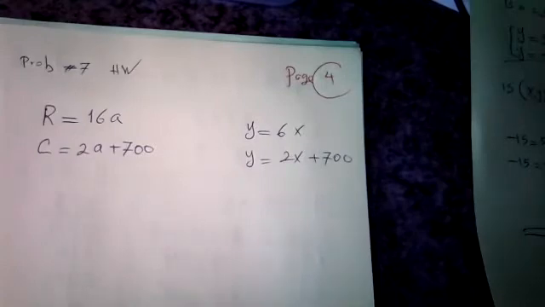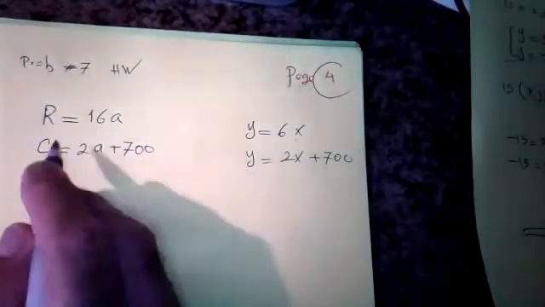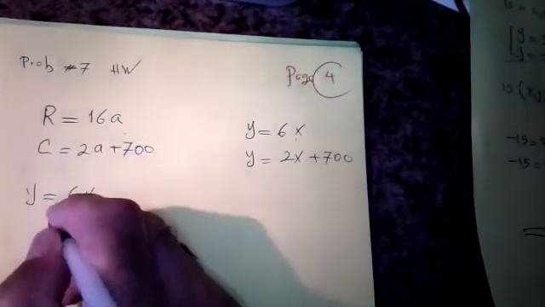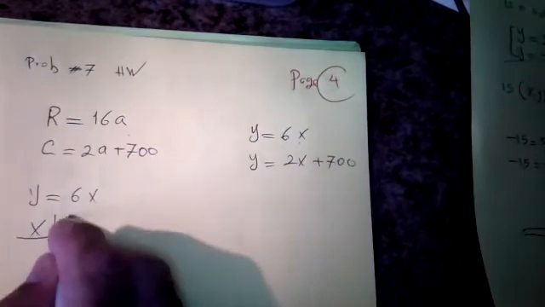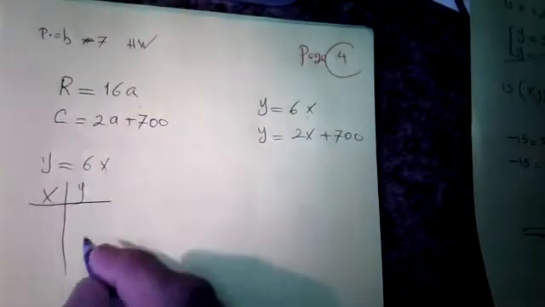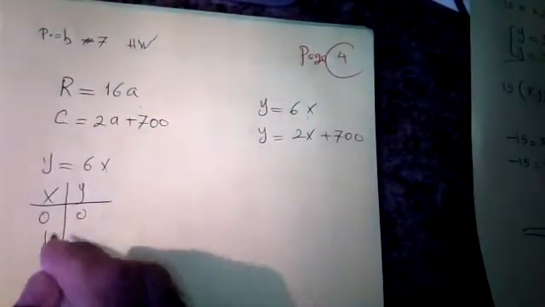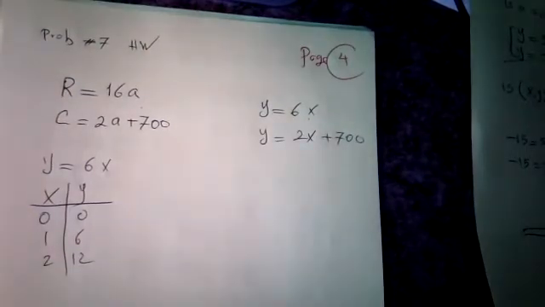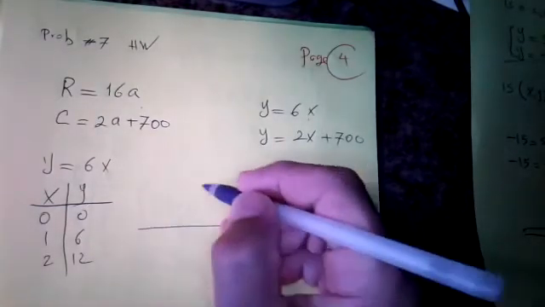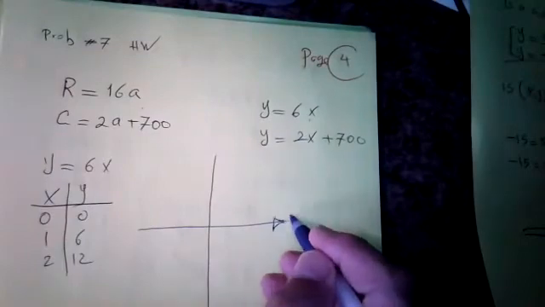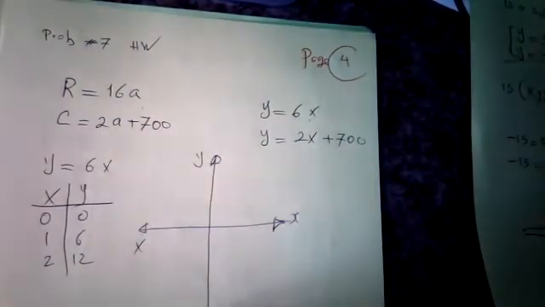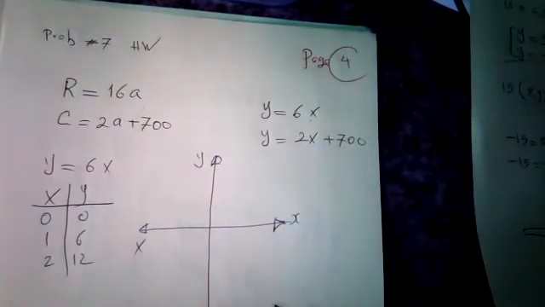It's very similar to that. So if I want to graph y equals 6x or R equals 16a, you just need 2 points, right? Or 3 points. So let's say x is 0, y is 0; x is 1, y is 6; x is 2, y is 12. It's just that when you want to graph it here, instead of x and y, what should I use?